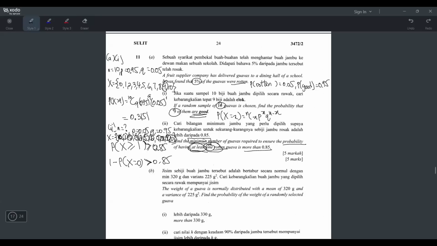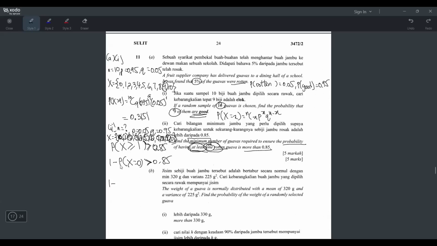Then sir, what about the minimum here? Okay, it's okay. They want after you find your n, then only you choose the value yang bigger or sama dengan n. Faham? Because now you still don't know yet whether your n answer is like a decimal or macam mana. You tak tahu lagi kan? So that's why I will do it like this. Okay? Okay, so sekarang kita akan solve this one.